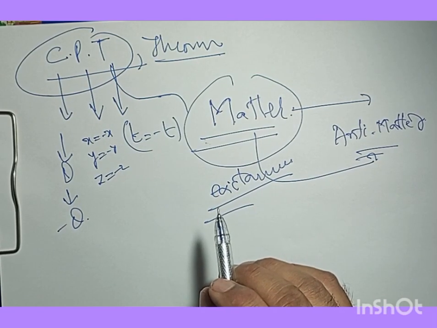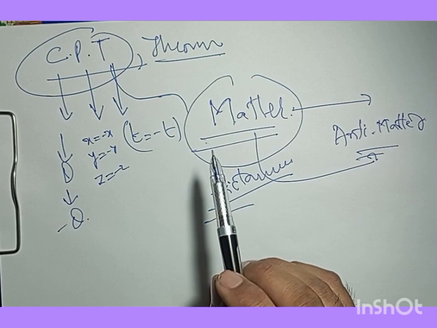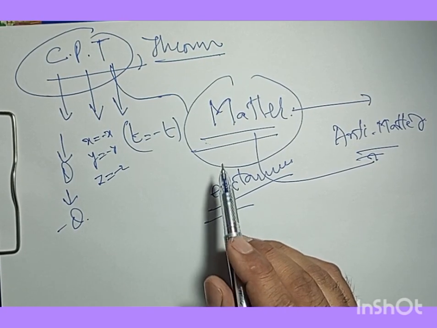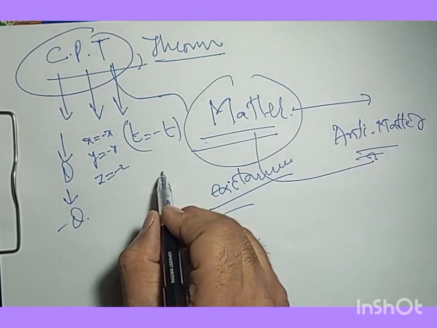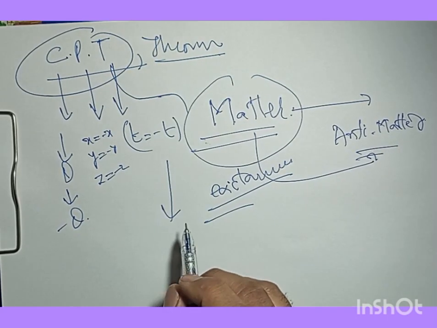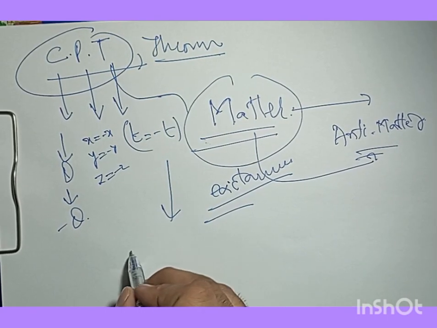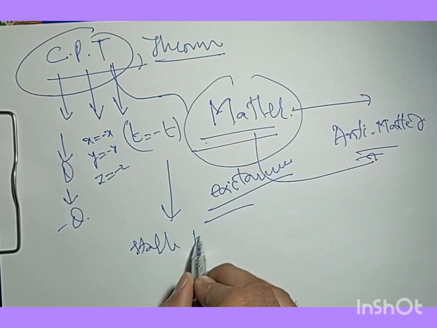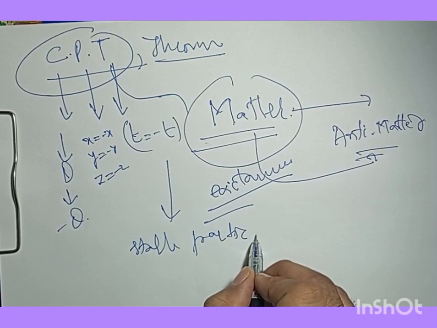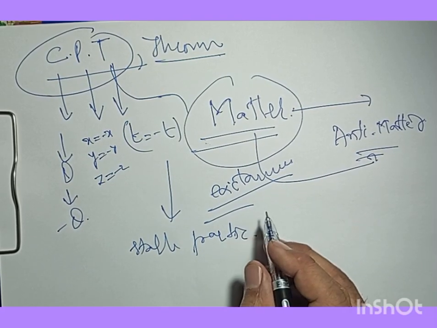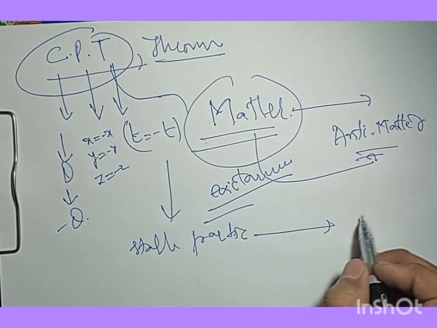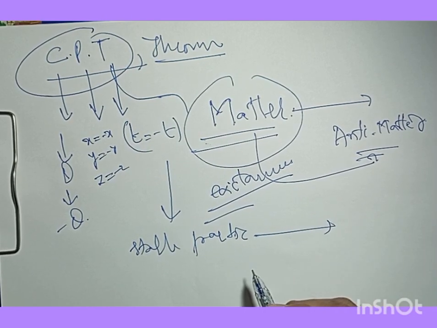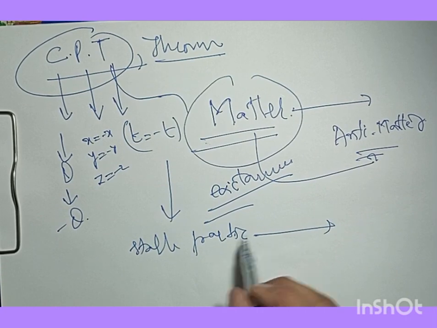So what are the consequences of this CPT invariance? We have a stable particle, and its mass is exactly the same as the mass of its antiparticle.